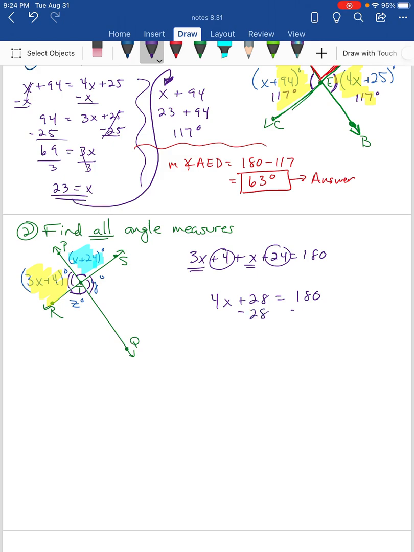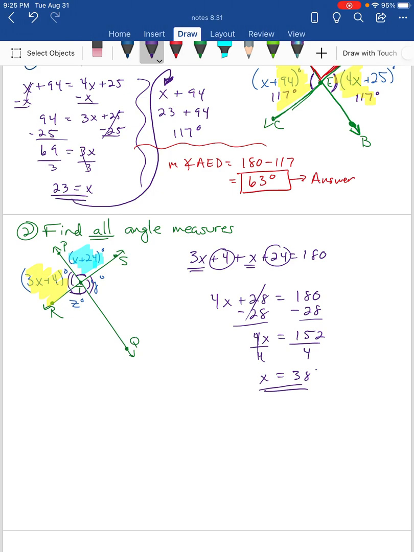Subtract 28 from both sides. You get 4x is equal to 152. Divide both sides by 4. x is equal to 38. Again, this is not your final answer, but you are going to use that to find those angles.